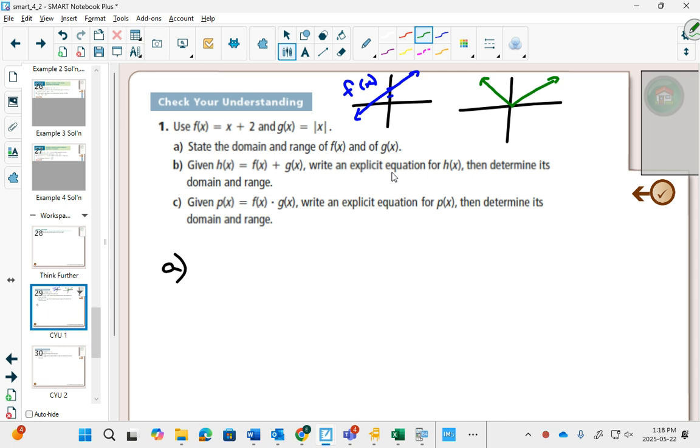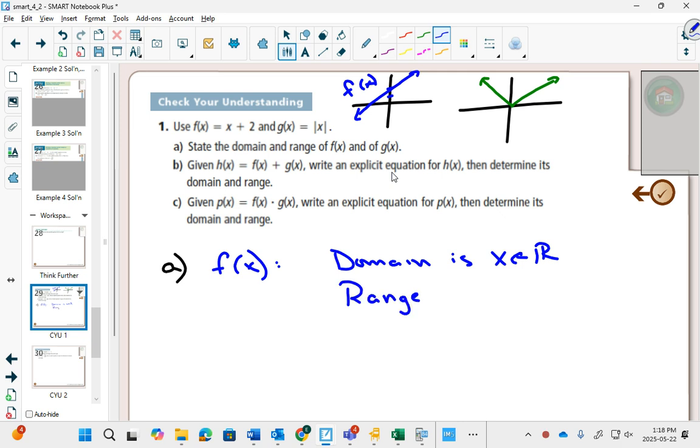So based on that, for f of x, our domain is everything, and the range is also everything.